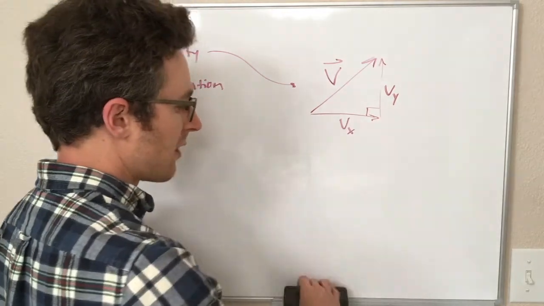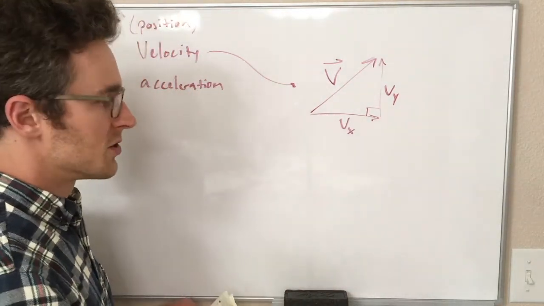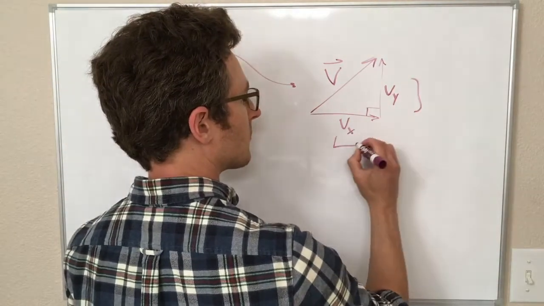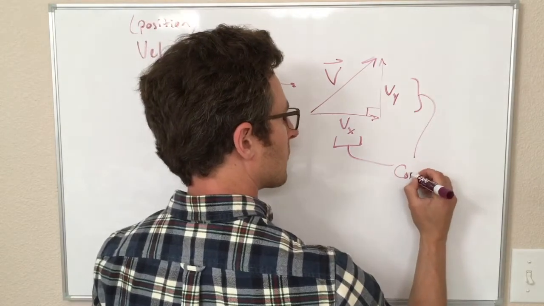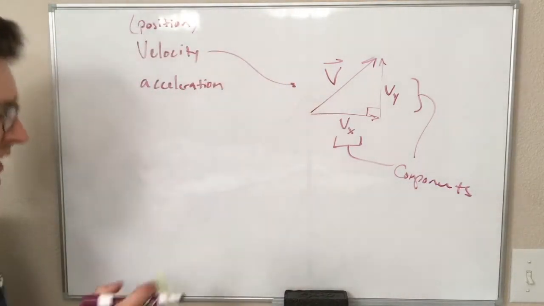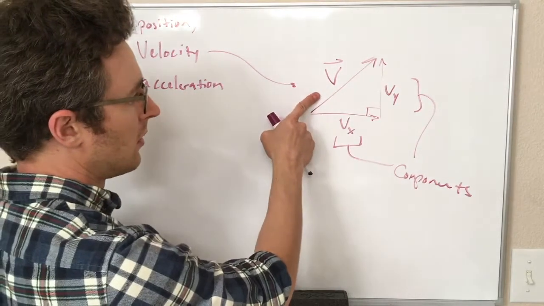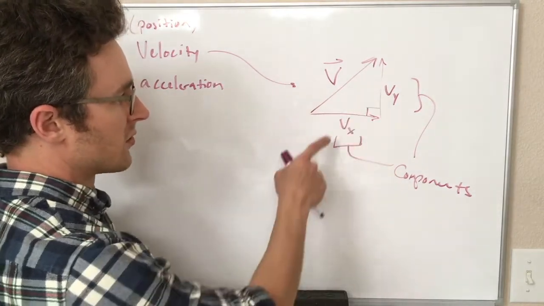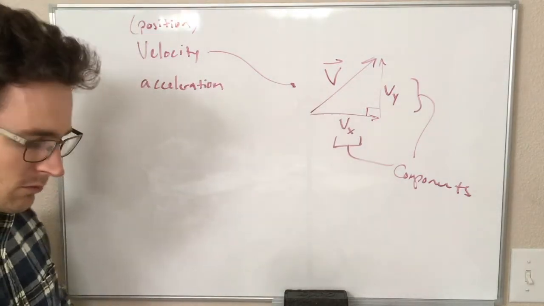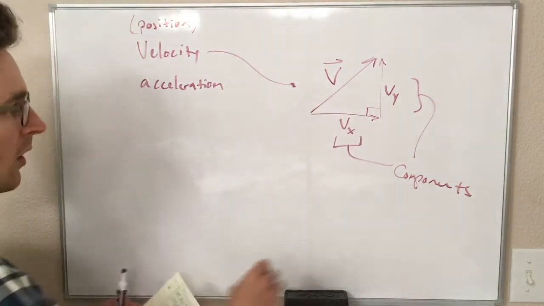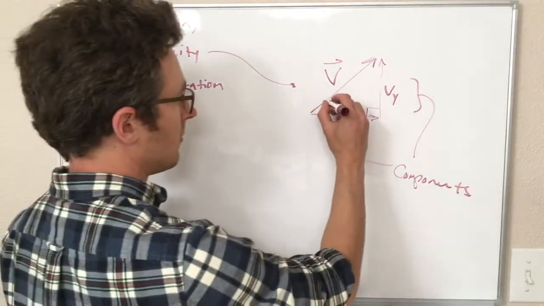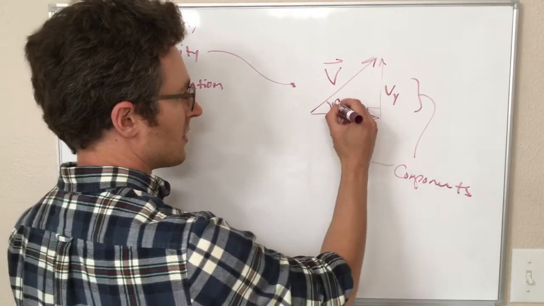So whenever we have the x and y parts in our x and y equations, those are vector components. Being able to get from a vector to the components, or vice versa, from the components to the vector, those are important things to be able to do. So how we go from the vector to the components is another important thing.